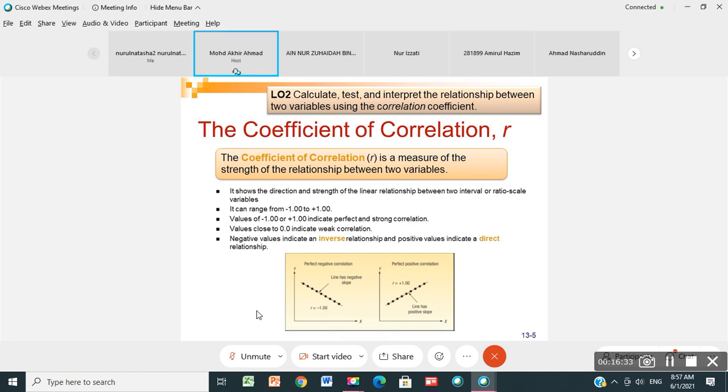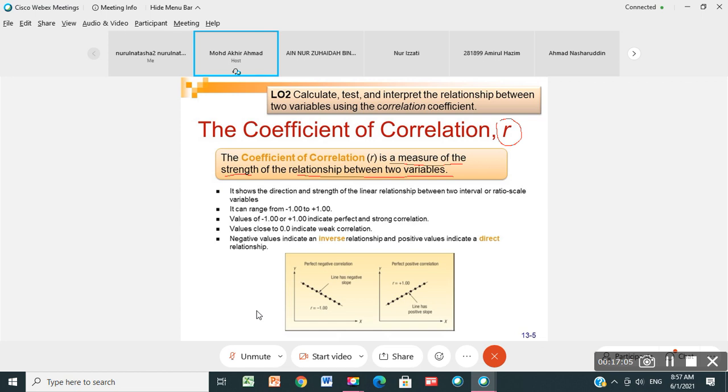So this relationship they call the coefficient of correlation, or small r. Small r represents the coefficient of correlation. The coefficient of correlation is a measure of the strength of the relationship between two variables. That means small r measures the strength and relationship of two variables.